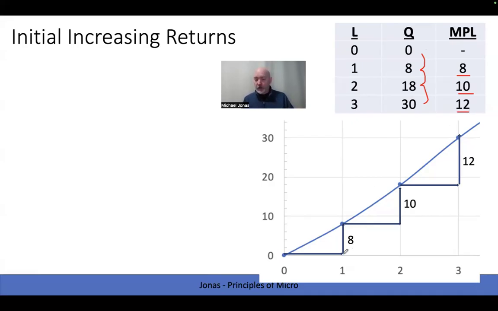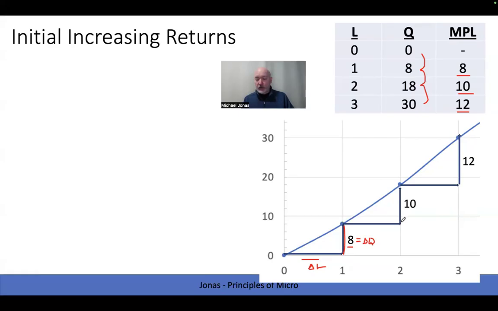So on the graph, when we're plotting out those points, each movement to the right is the delta L of 1. Then the marginal product, the change in output, is our delta Q. So the ratio delta Q over delta L, in this case, is just 8 to 1.